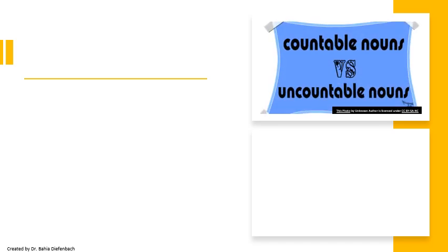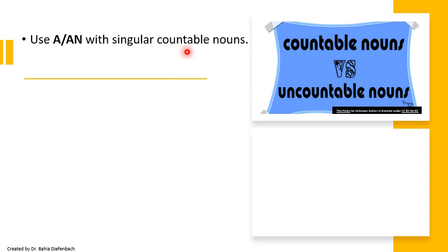First of all, we have to think: is it a countable noun or an uncountable noun? That's the first thing you have to look at. One thing is we use a or an with singular countable nouns. When we can count that noun, and it is singular, we use a or an.